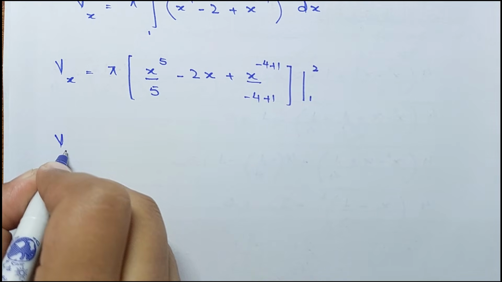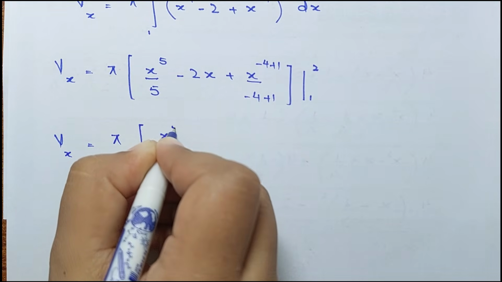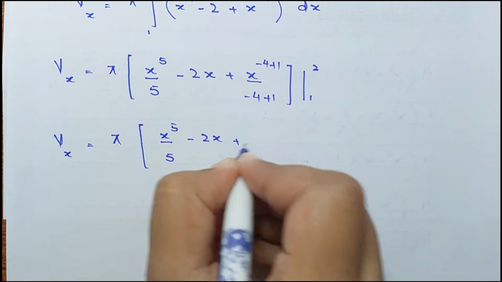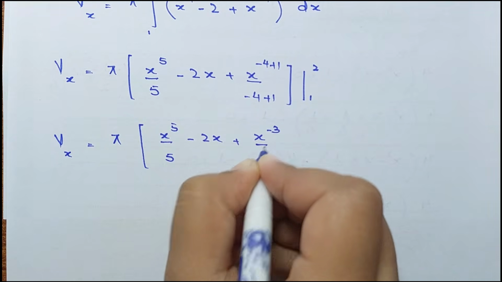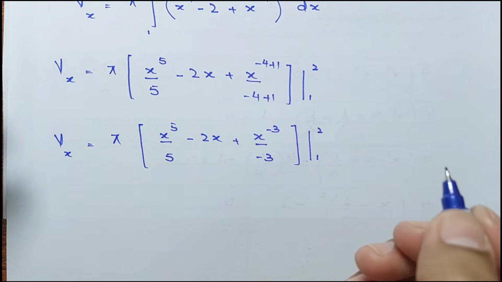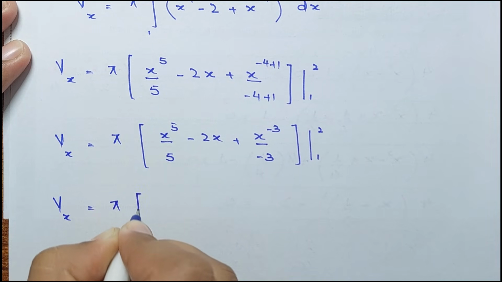Okay, now Vx becomes pi times x to the power 5 over 5 minus 2x plus x to the power minus 3 over minus 3, from 1 to 2. Okay, so Vx becomes pi, applying the limits.